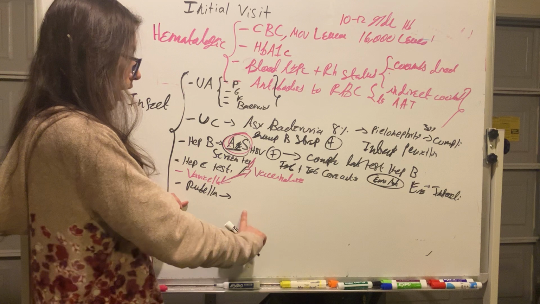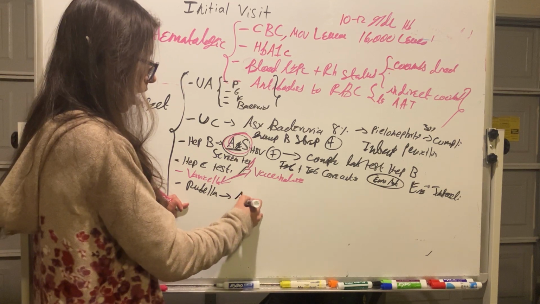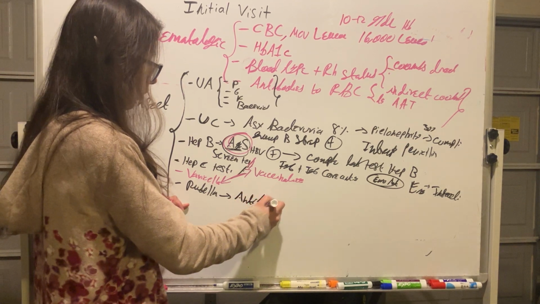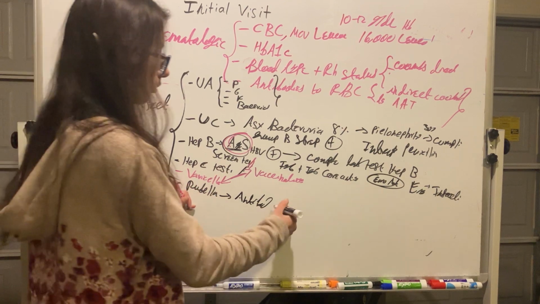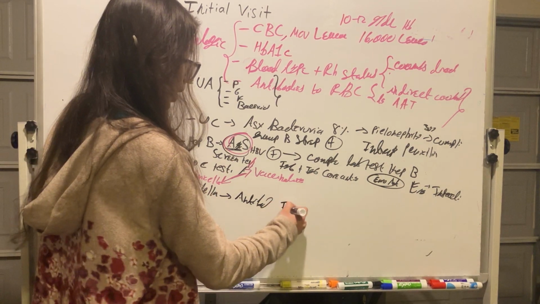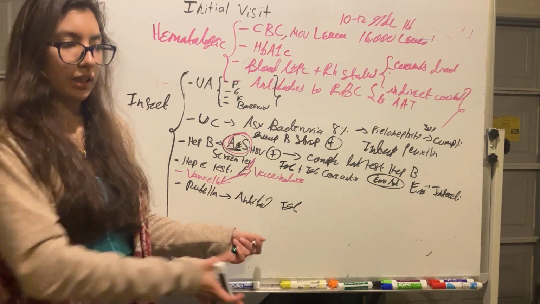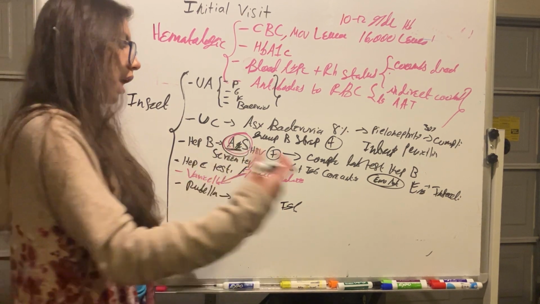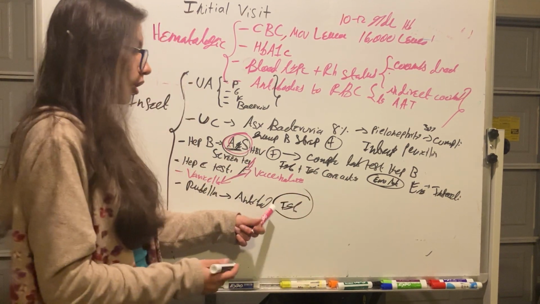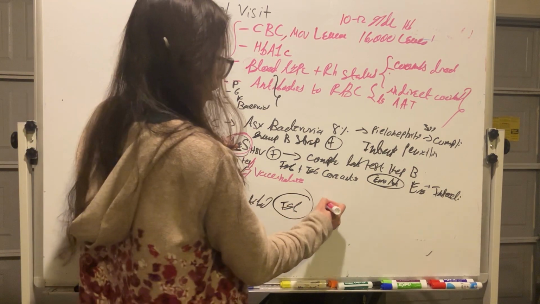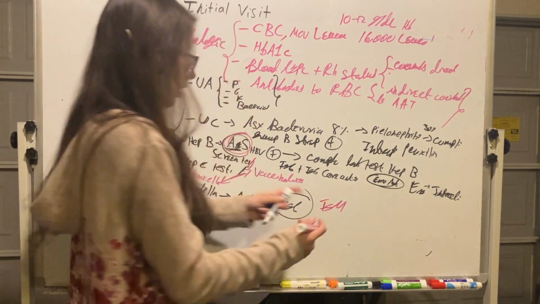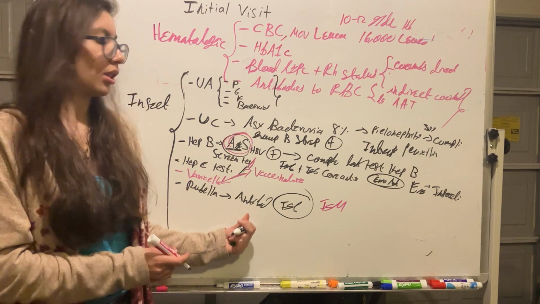So we ask for antibodies for rubella. If the patient has IgG antibodies for rubella antigen, this means that the patient has had a previous infection and now she is immune. But if she has IgM, that means she has an active infection right now.